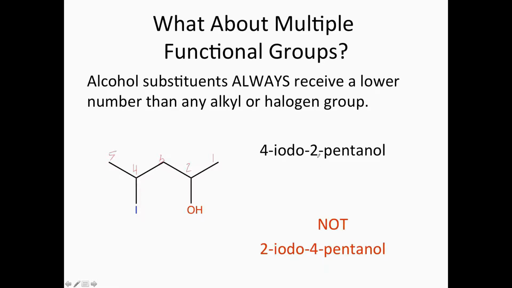We want to put the lowest number next to the alcohol. Okay. Those are the rules that you have for naming alcohols and alkyl halides. We'll do this in more detail when we get to chapter 4, but at least at this point, whenever Carrie introduces any alcohols or alkyl halides to you in chapter 3, you'll recognize their names.